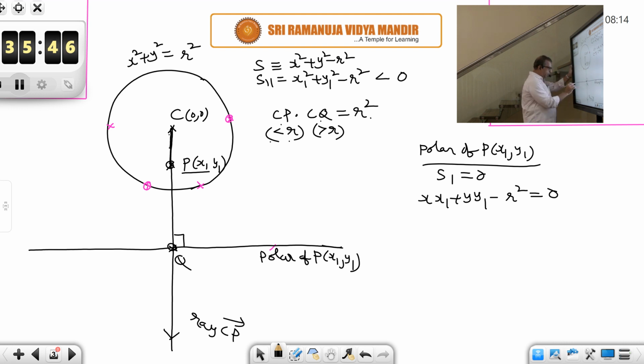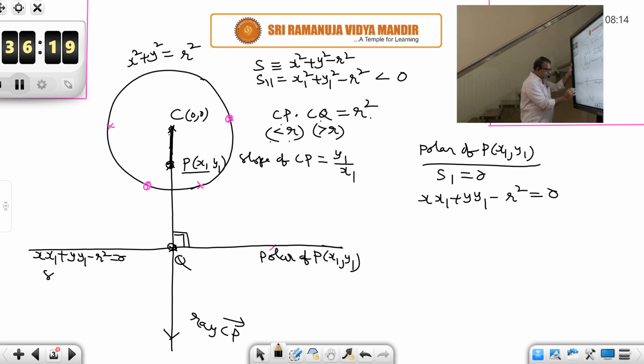Okay, this is xx1 plus yy1 minus r square is equal to 0. So I said CP and polar are perpendicular. Here I said it is 90 degrees. Let us see what is the slope of CP. Slope of CP, from (0, 0) to (x1, y1), is difference of y coordinates by difference of x coordinates, y1 by x1.